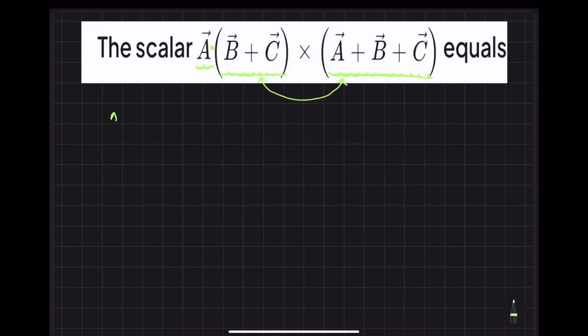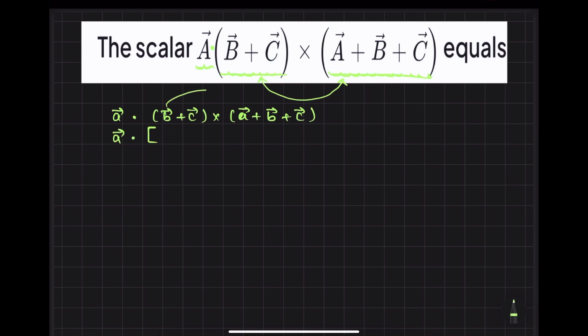So it is vector A dot B plus C cross A plus B plus C. Okay, so first we will go with the cross idea.